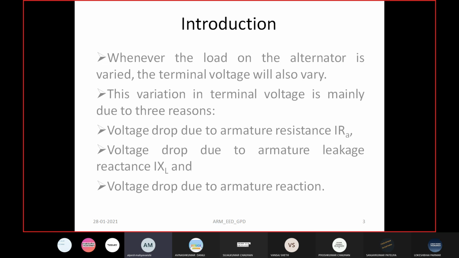Third reason is the voltage drop due to the armature reaction, which we already discussed. These are the three reasons for variation in terminal voltage.